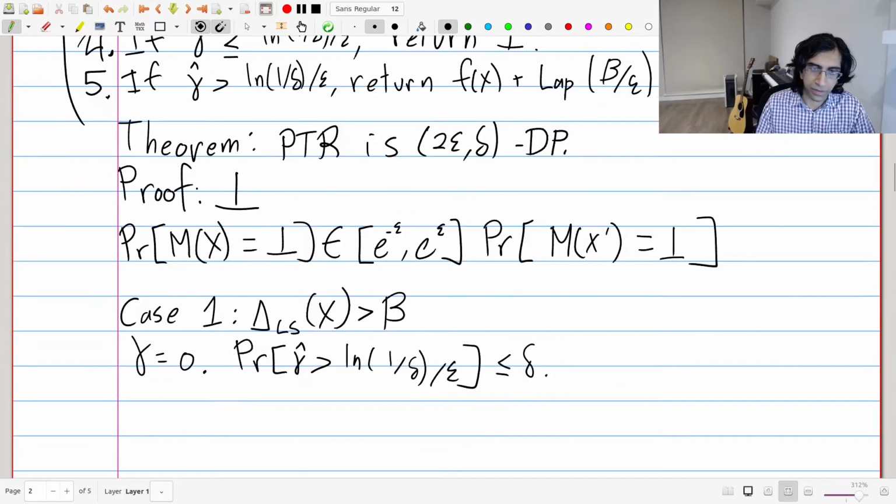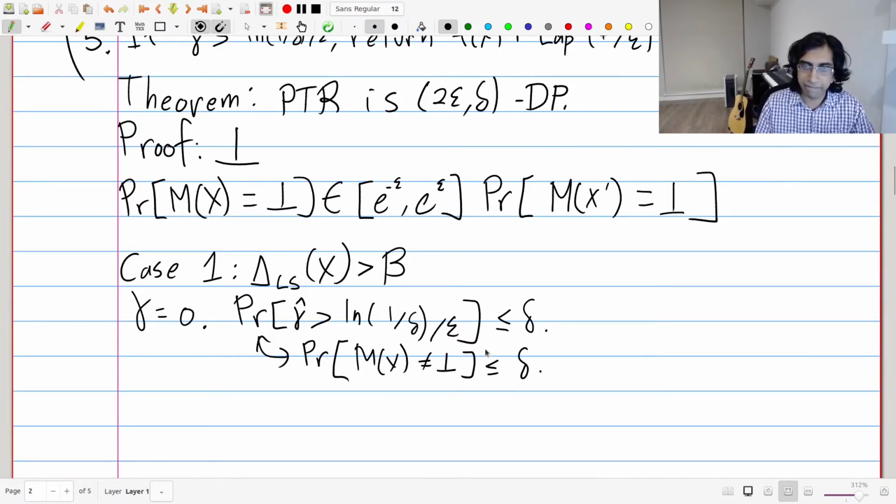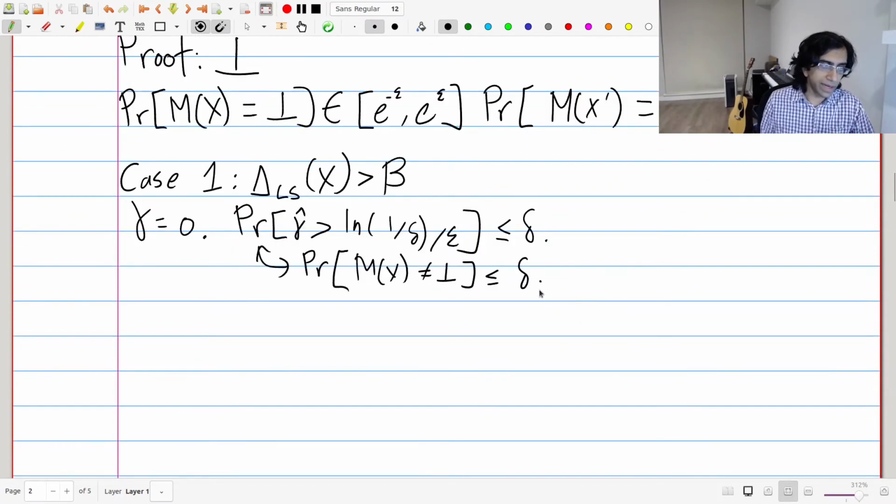So in other words, this is equivalent to saying that the probability of M on x being not equal to bot is going to be less than or equal to delta. Okay, so that's useful. Now, it's not too hard to prove the desired bound.